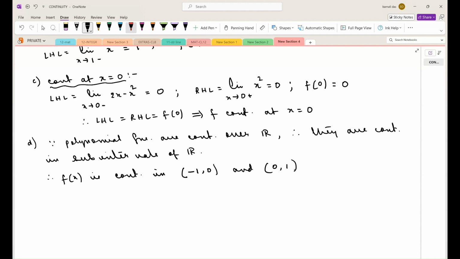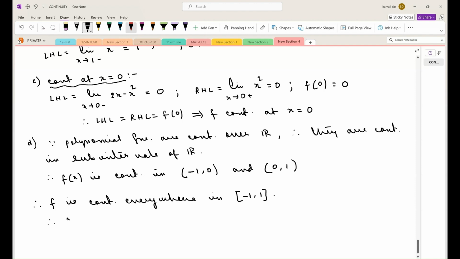So what do we see? Final conclusion. Therefore, f is continuous everywhere in minus 1, 1. So the question was to find the points of discontinuity.